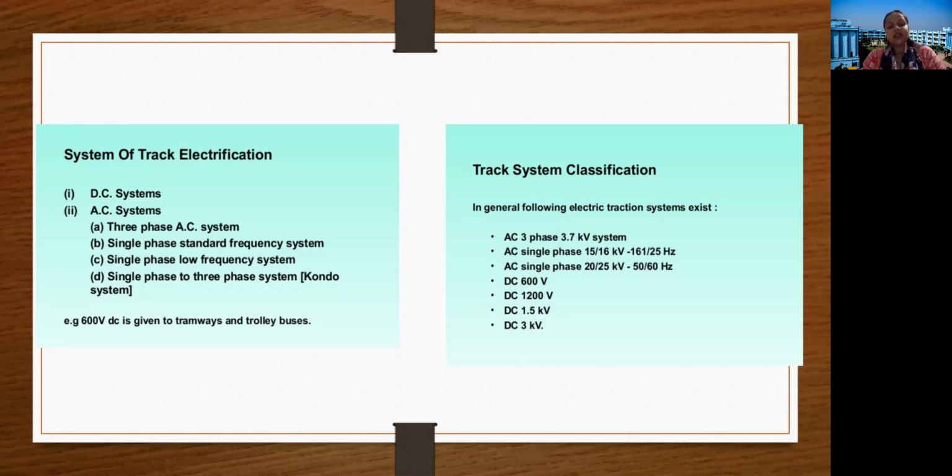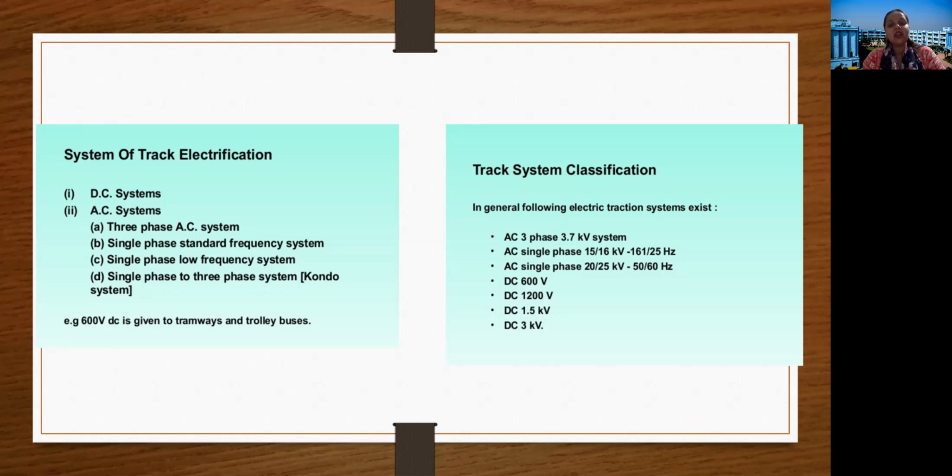AC single phase 20 to 25 kilovolt 50 to 60 hertz system. This particular system is being used in India. And for DC, DC 600 volt, DC 1200 volt, DC 1.5 kilovolt, and DC 3 kilovolt.